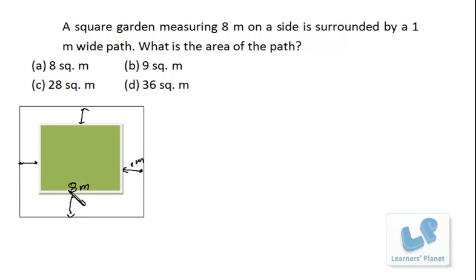Now the dimension of the inner square is 8 meter, so the dimension of the outer square will be 8 meter plus 1 meter this side and plus 1 meter this side, so it's 10 meter. So area of outer square will be 10 square, that is 100, and area of inner square is 8 square, that is 64. So area of path will be 36 square units. I hope it's simple.